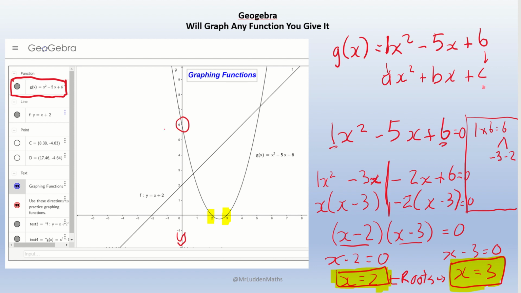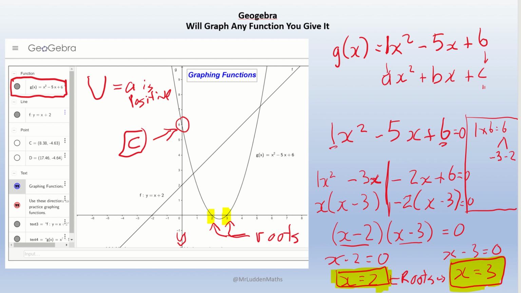So this part here is your C. You know that it's this shape because A is positive, and you know from 2 and 3 that these are the roots when you factorize it.